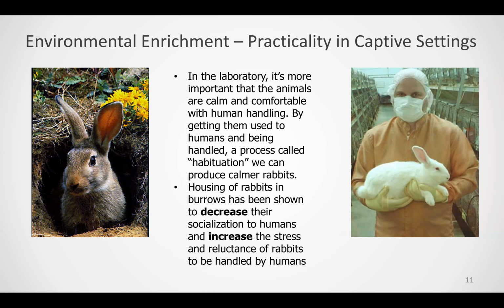So in the lab setting, you'll find that the housing for rabbits isn't going to be a burrow type setting. We have to have them more in a cage that's open, but you can still do things for an animal species like a rabbit that will provide them something interesting in their environment to at least exhibit some of their other normal behaviors.